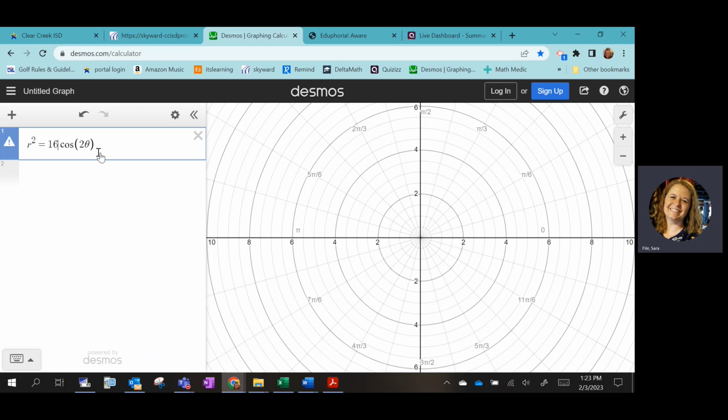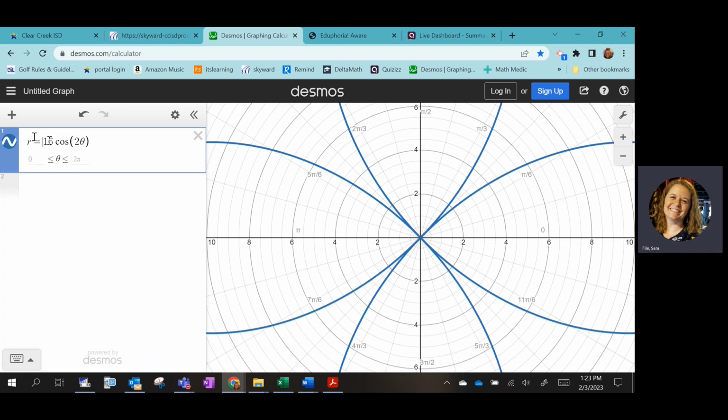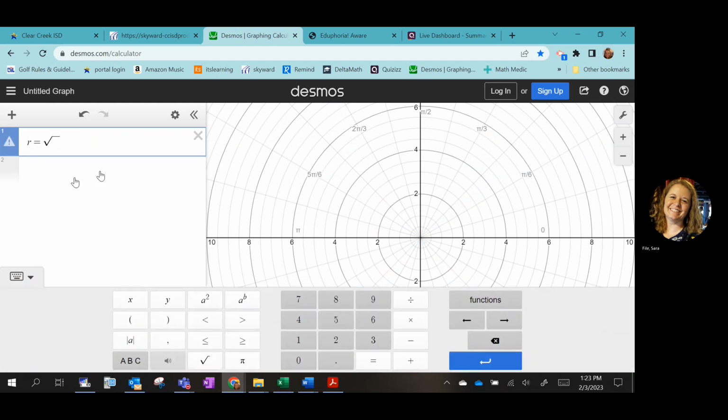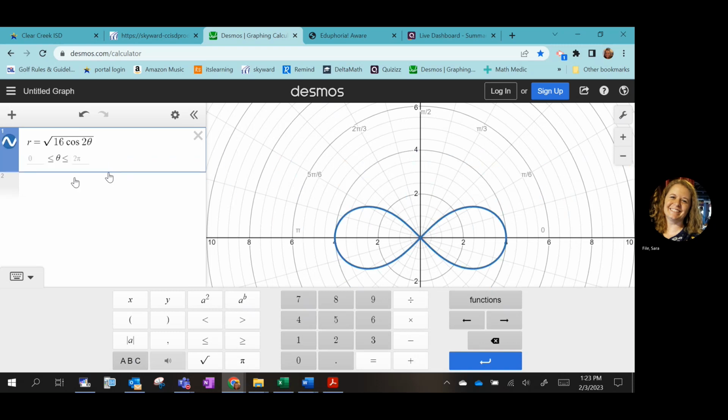That's 16. Oh, I guess they won't let me do it as r squared equals. I'll have to type it as the square root of this. Oh, oops. There it is. So you can type it that way to get a lemniscate.